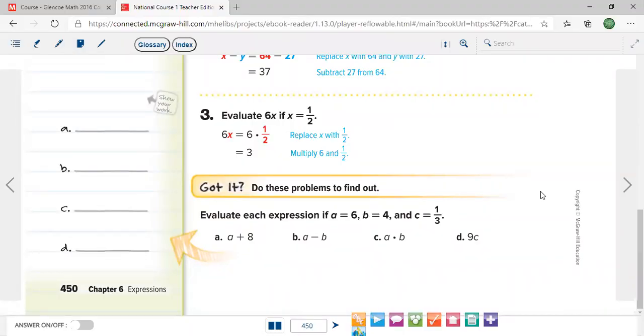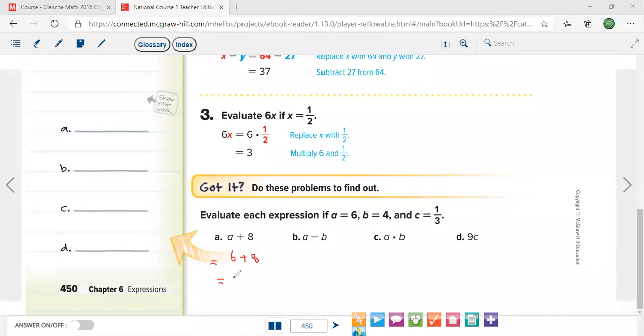For you to know that the lesson is very easy, look at these examples A, B, C, and D. Evaluate each expression if A is 6 and B is 4 and C is 3. So A plus 8, A is 6, so this will be 6 plus 8.